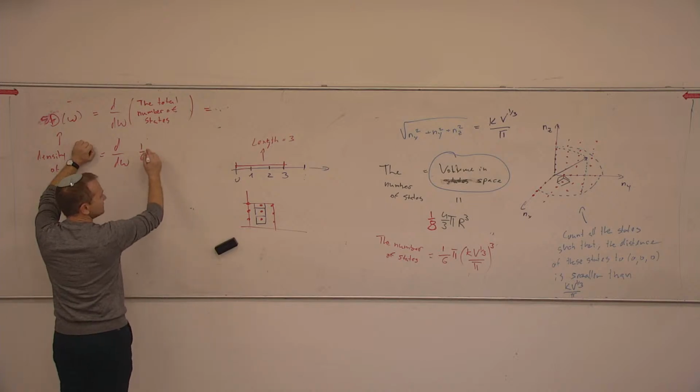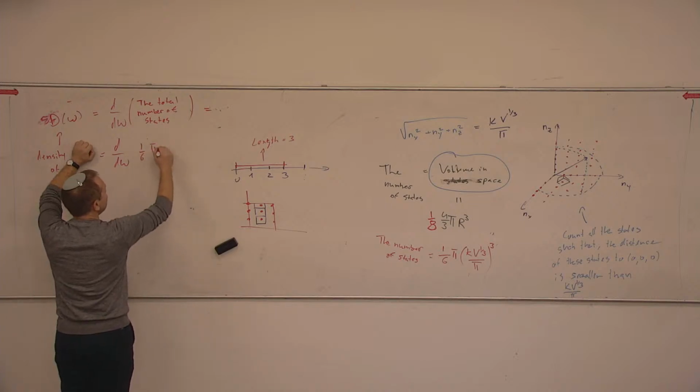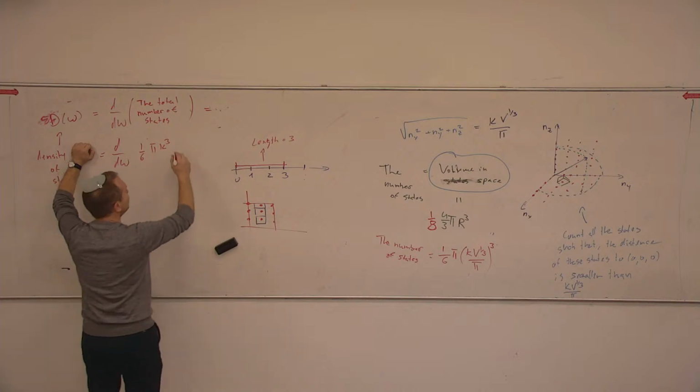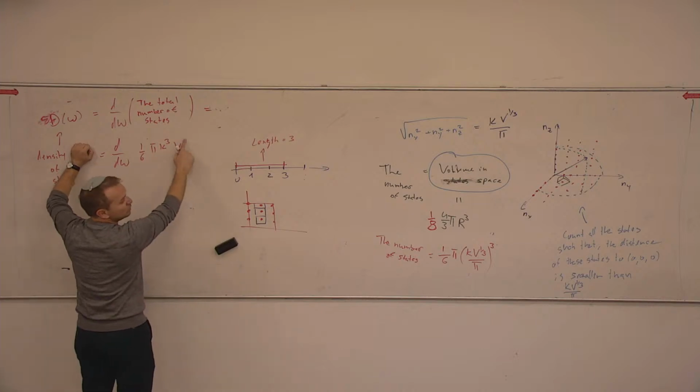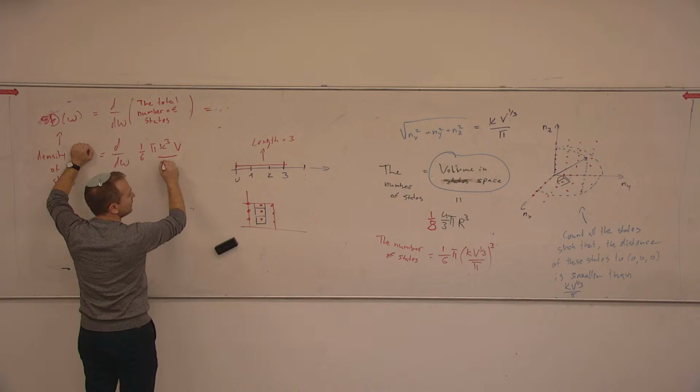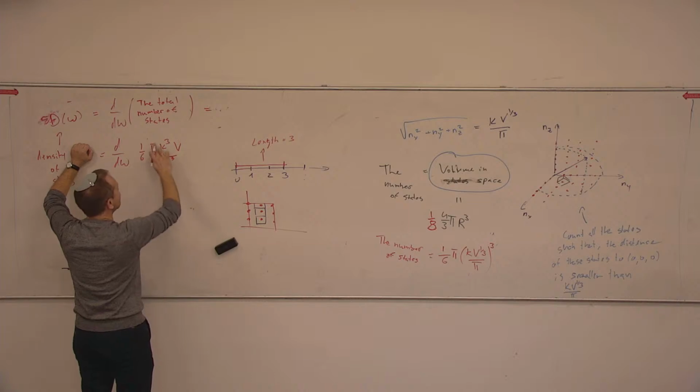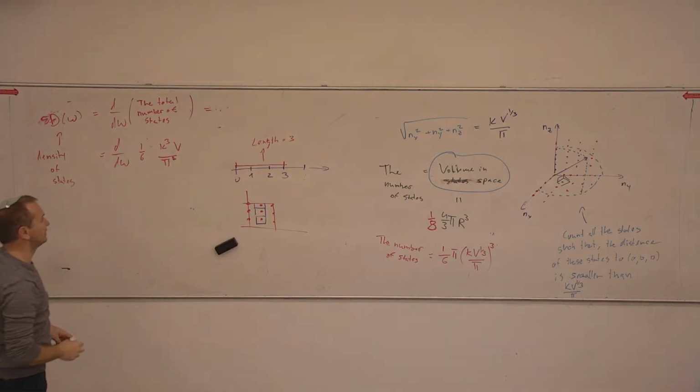It's 1/6 pi k cubed times volume, divided by pi cubed. So let's erase pi and make pi squared over here.